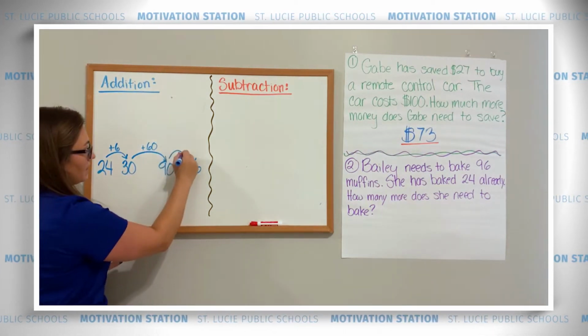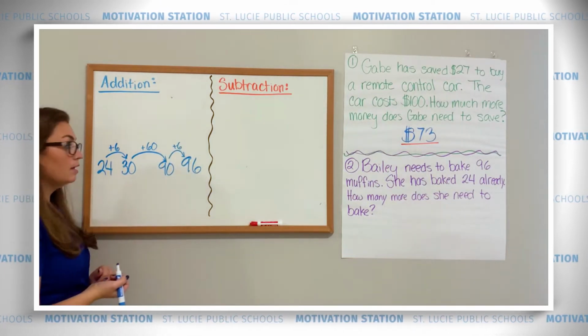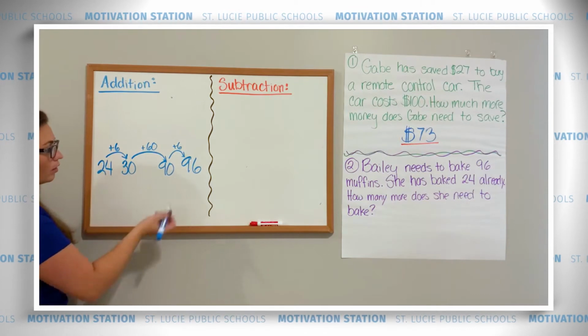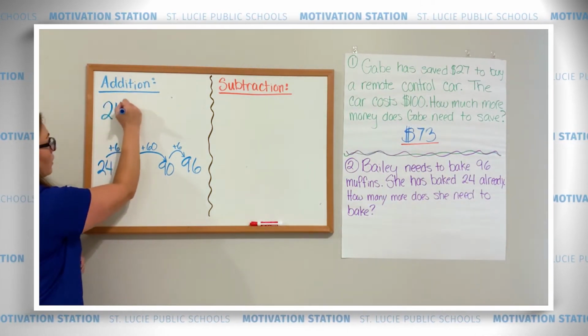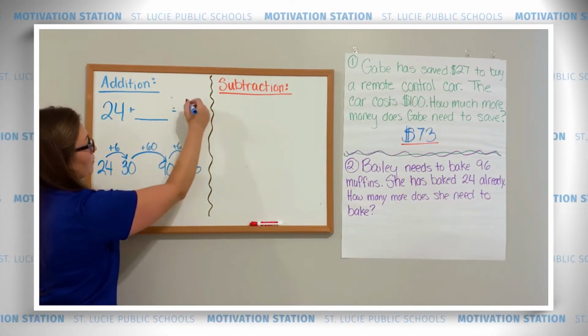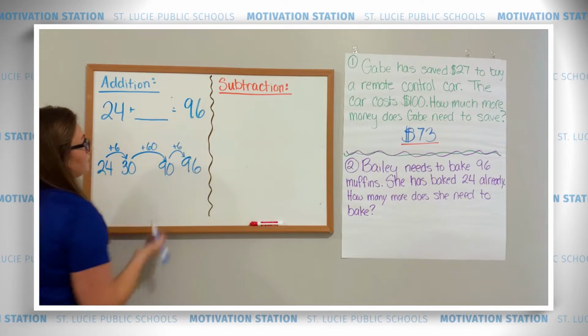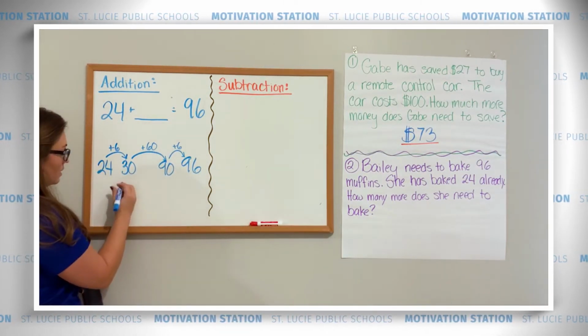And from 90 to 96 would be plus 6. Now I do need to figure out what all those jumps were together, because my equation is 24 plus whatever those numbers equals 96. So I've got to figure out what 6 plus 60 plus 6 is.